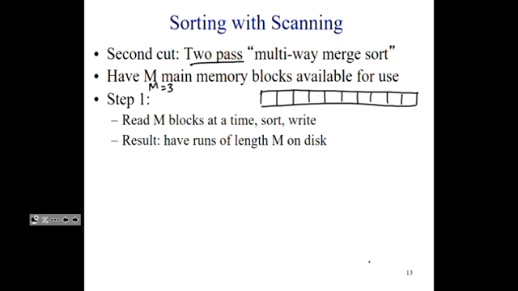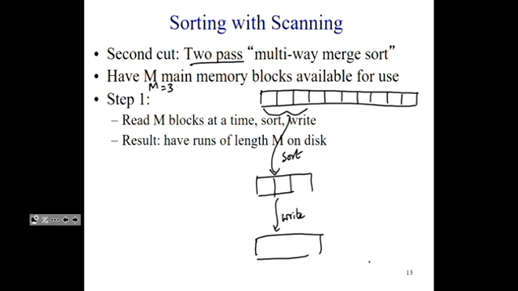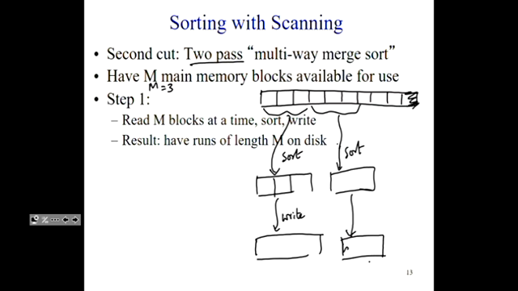So I'm going to simply grab 3 blocks, sort them, and write them down in sorted order. I'm grabbing 3 blocks at a time, sorting, writing out in sorted order. Grab once again 3 blocks, sort, and then write. And for convenience, let me just have 3 more here. Sort and write.